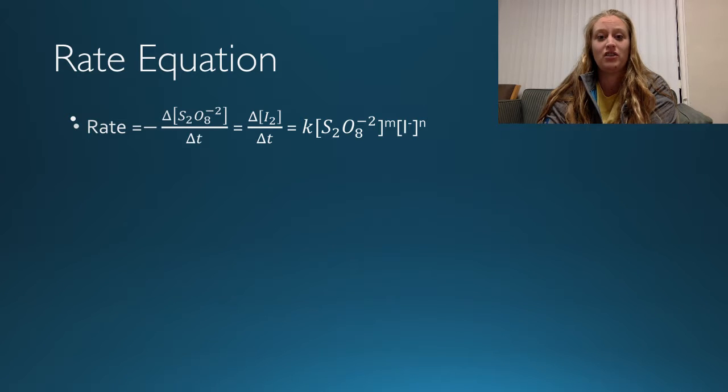Also, depending on the time and the concentrations, which we did not, for this experiment, choose any particular concentrations.